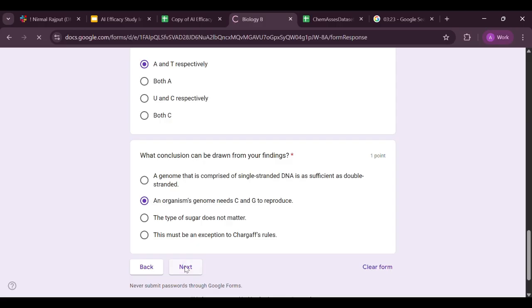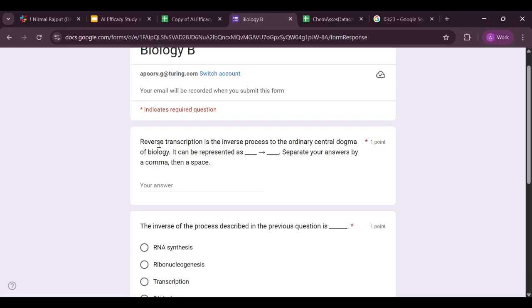So coming to the next part, reverse transcription is the inverse process. Okay, as I remember, transcription is somewhat RNA to DNA, in ordinary simple terms of biology. So as transcription is RNA to DNA, the reverse will be DNA to RNA.